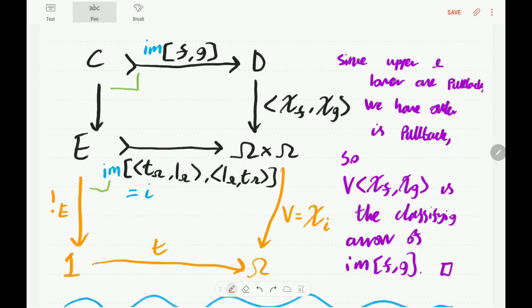And this is exactly what we want, because the definition of a subobject classifier says that for any monic, like this one, Im of f comma g, there's a unique arrow from its codomain to the subobject classifier, such that this monic is the pullback of true along this classifying arrow, which in our case is OR after χf comma χg.